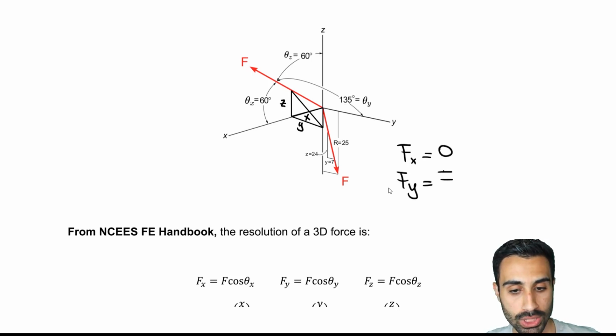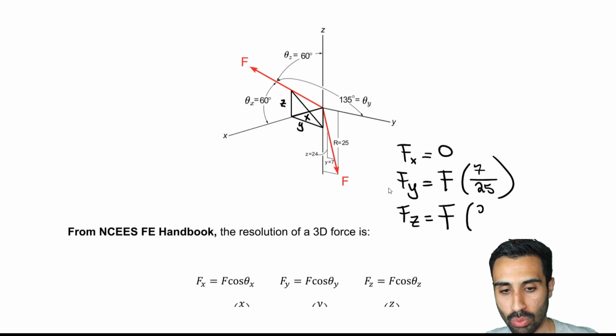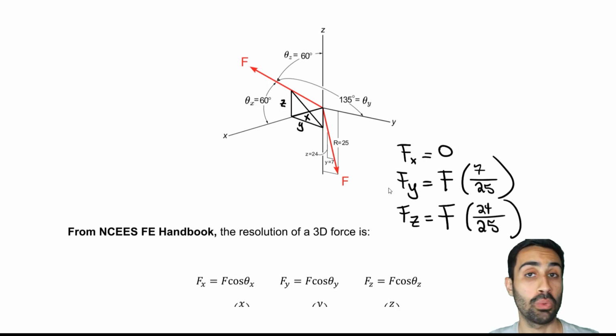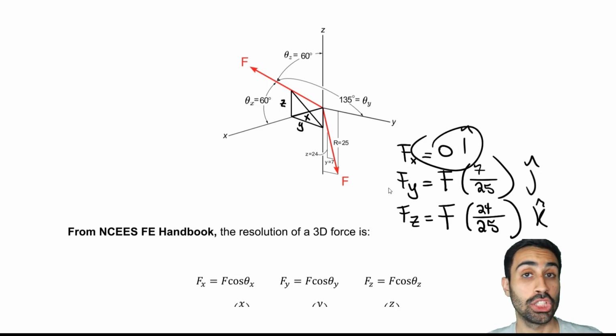Our Fy is going to be the force F, and we take the y distance, so 7 over r, the hypotenuse of the triangle, which is 25. And the last one is Fz. We take the F value, the total force magnitude, and the z run, 24 in the z direction, divided by r, which is 25. So that's how we would break this force down into its components. It only has a j component and a k component. The i component is actually 0 for this one.